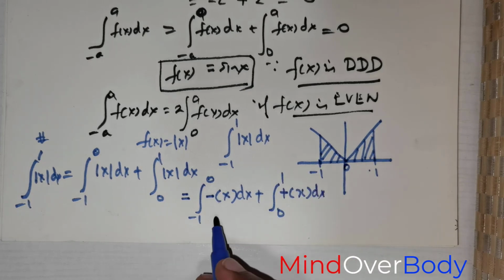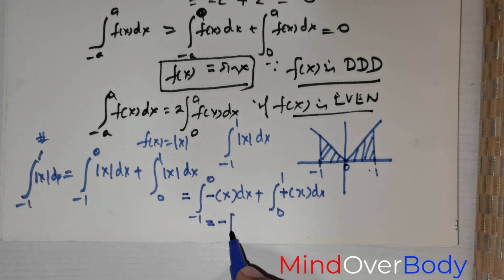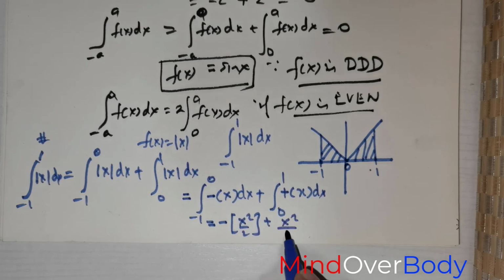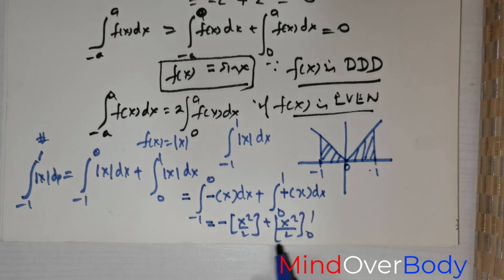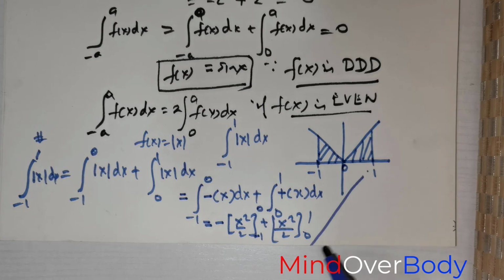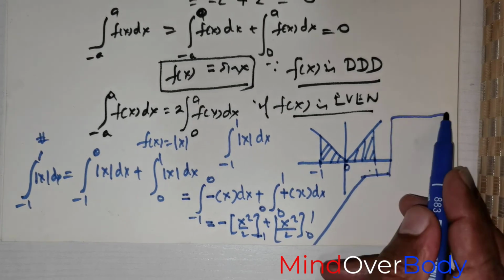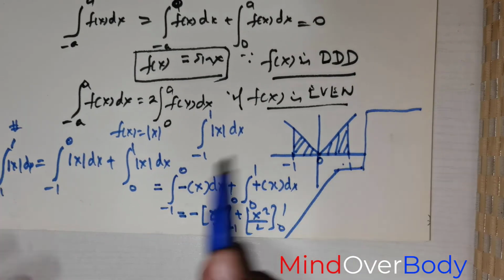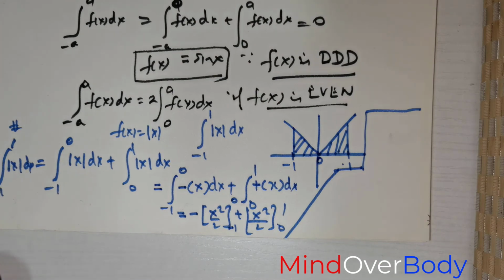Now let me integrate this. This is going to give me negative of x squared over 2 positive x squared over 2. The limits are negative 1 to 0 for the first, and 0 to 1 for the second. So I will have to place the limits here. So let me do that.